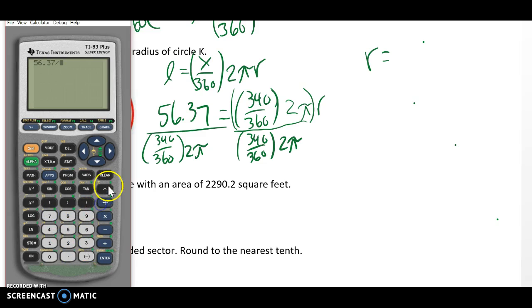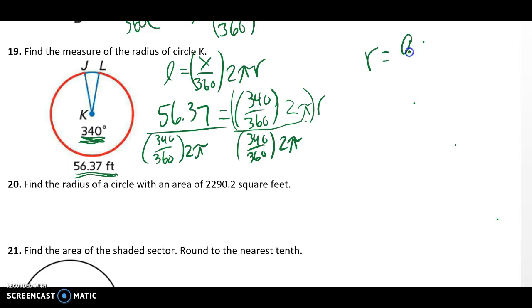56.37 divided by, and here we definitely need to make sure that we put this fraction in parentheses, as well as all the stuff we need to divide by. So then 2 and pi, and we should get that the radius is, we can call that 9.5.